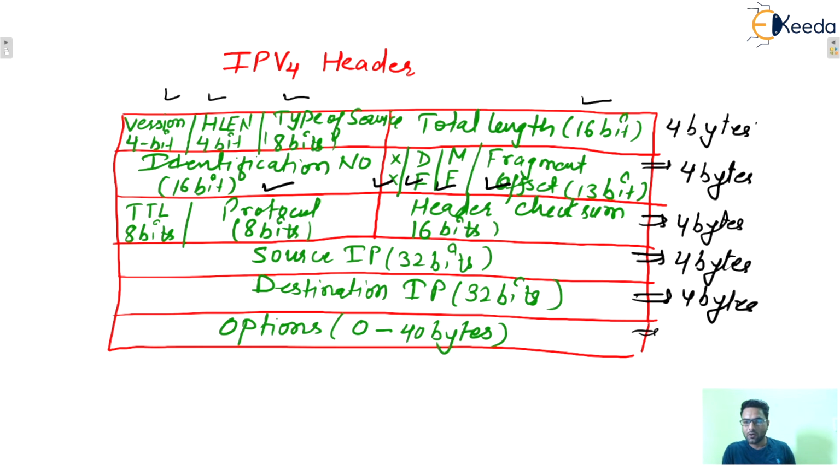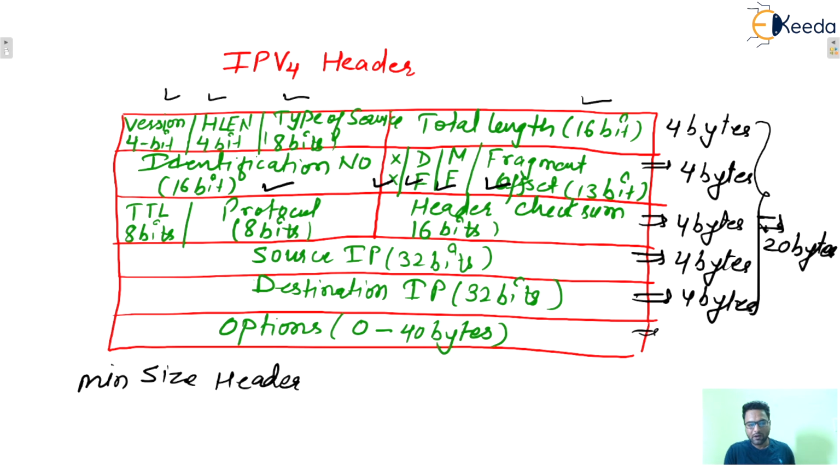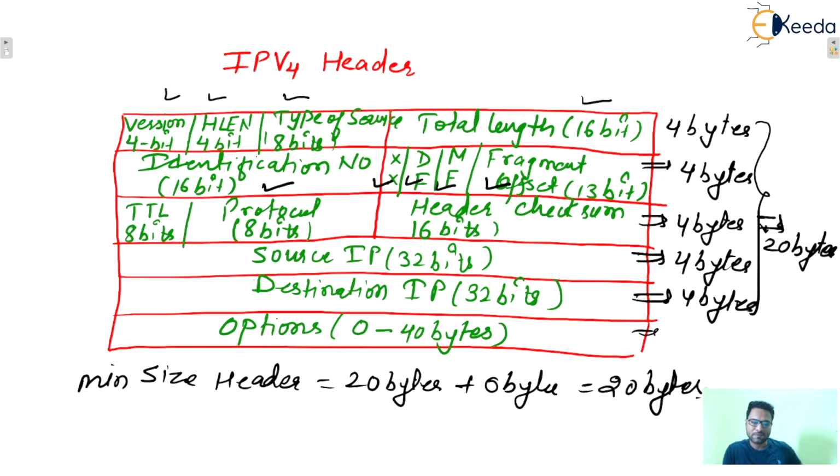So including all these, these are 20 bytes, isn't it? 20 bytes. So what will be the minimum size of the header? That will be 20 bytes plus 0 from options. So we can say that 20 bytes will be the minimum size.